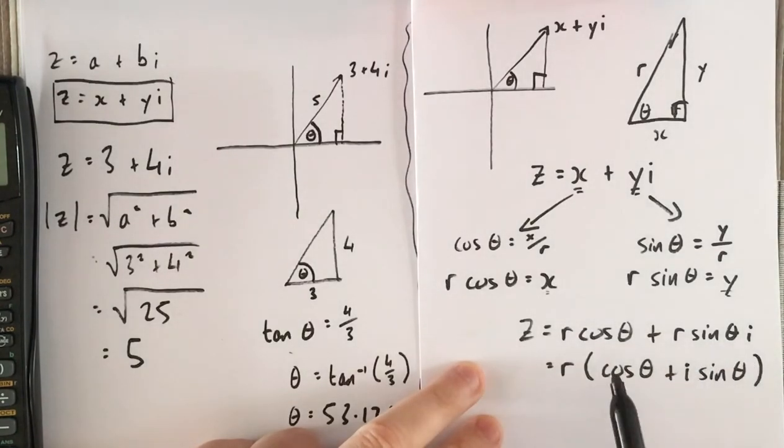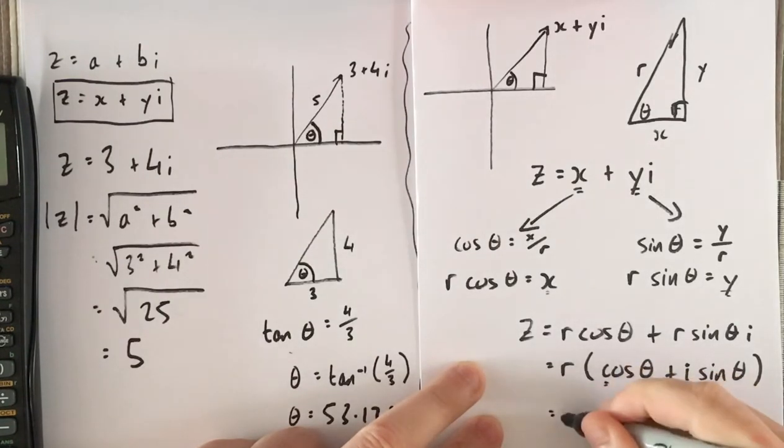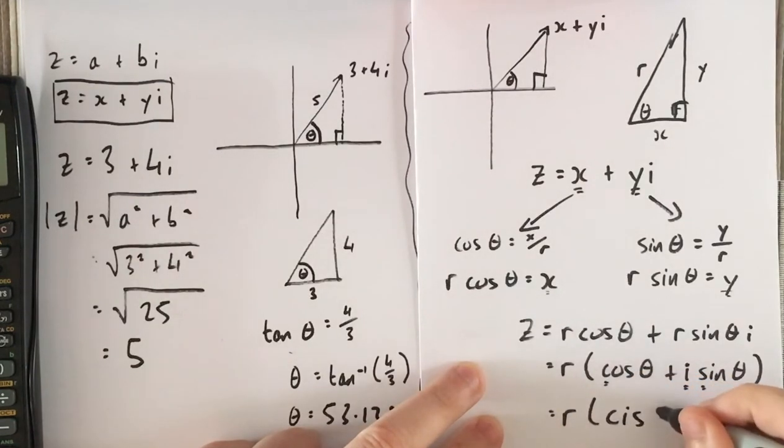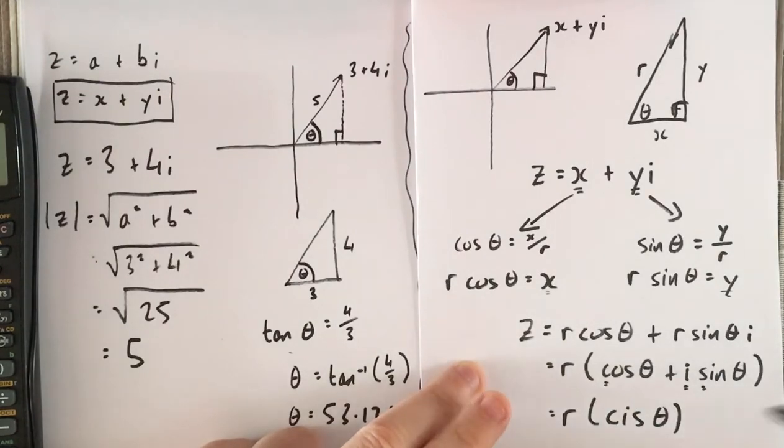And now, because we'll be writing this quite a lot, r times cos theta plus i sine theta, we tend to shorten it and just take the c from cos, the i, and the s, and we write it as r times cis theta. So whenever you see cis, just don't forget that it just means cos plus i sine. Okay, so cos theta plus i sine theta, but we tend to write it as r times cis theta.